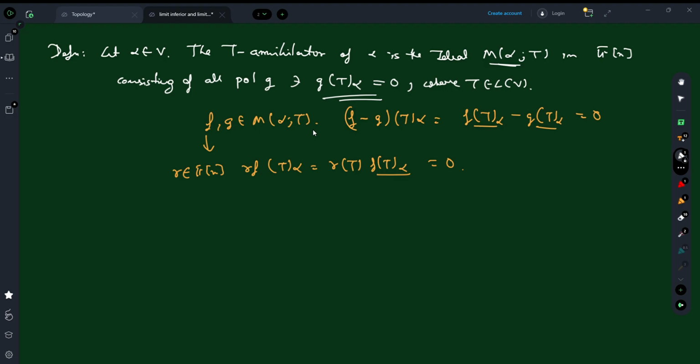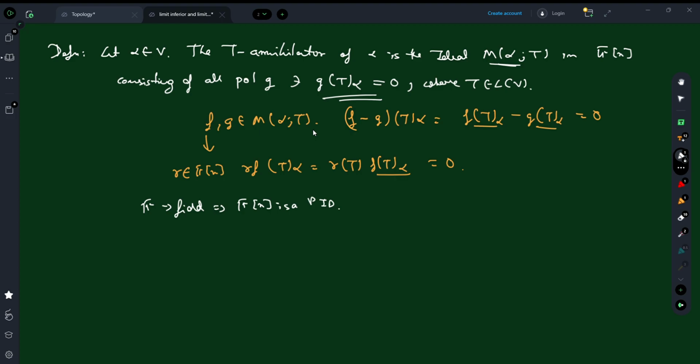F is a field, so F[x] is obviously a PID. So every ideal is generated by some unique monic polynomial. Further, you can also think about the existence of a finite degree element inside this ideal, because V is a finite dimensional vector space.